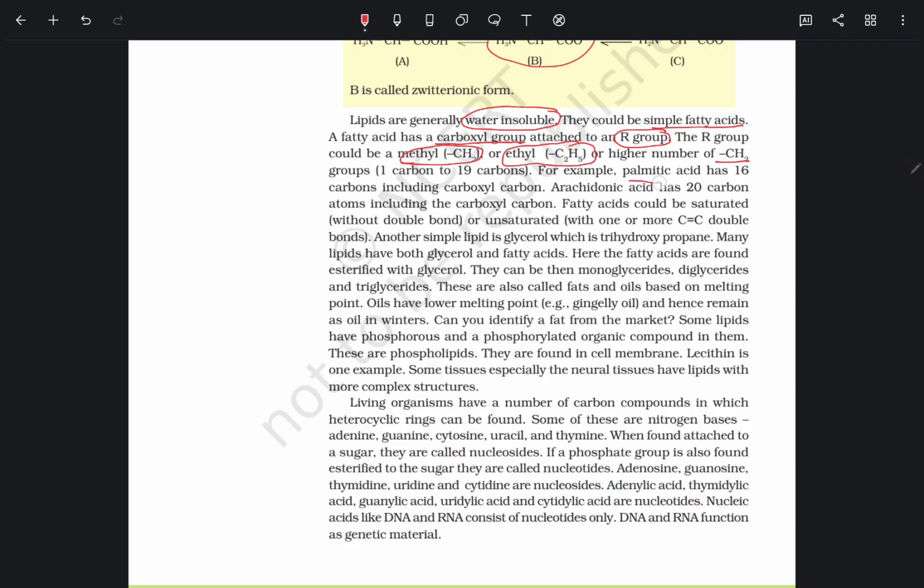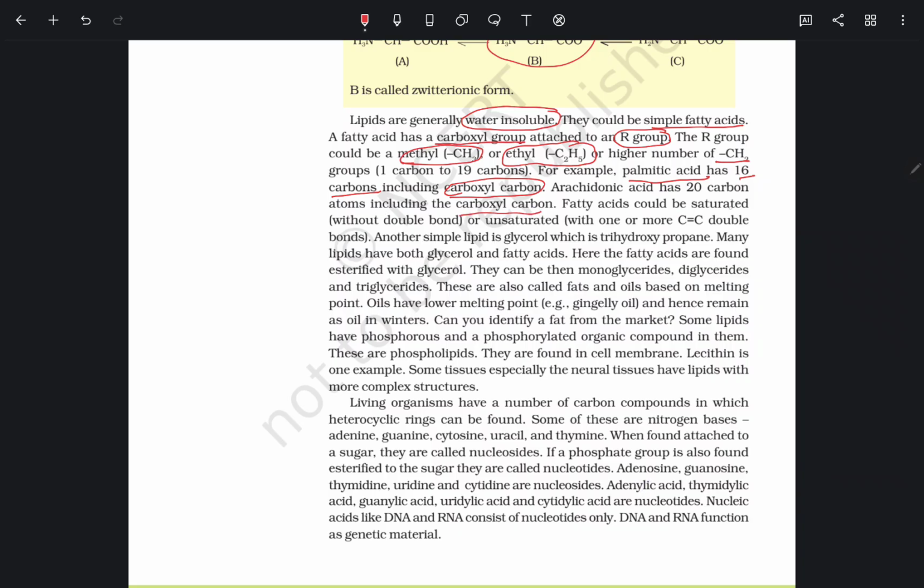For example, palmitic acid has 16 carbons including the carboxyl carbon. Arachidonic acid has 20 carbon atoms including the carboxyl carbon.